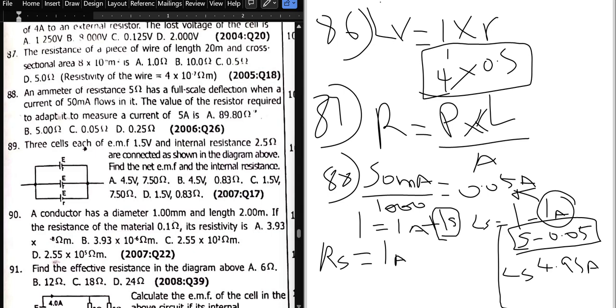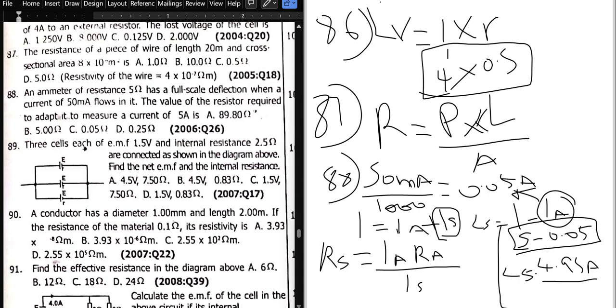The current of the ammeter multiplied by the resistance of the same ammeter over the current we're looking for. That's this one, IS. So this one over this one.